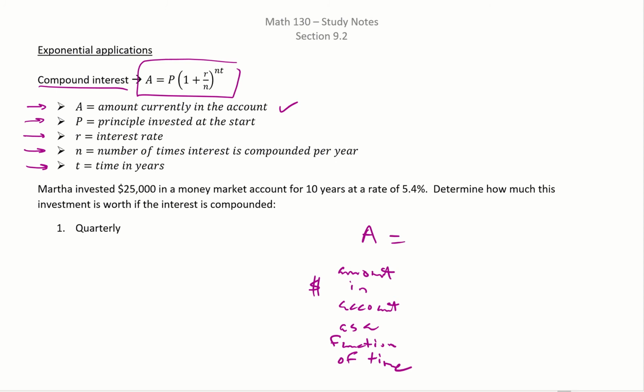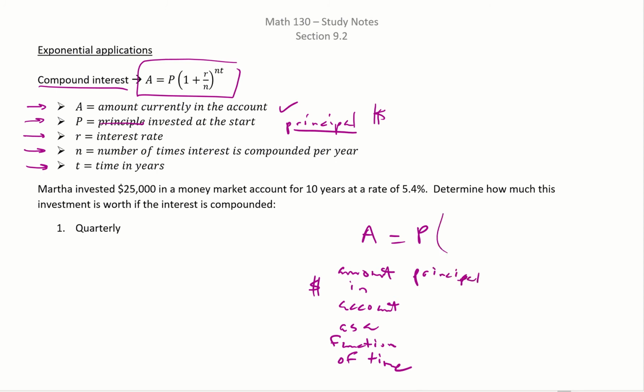Well, it's equal to P. What's P? The principal. And I spelled that wrong, I think, right there. It's principal, as in your buddy, the principal at school. That's money, okay? That's the principal, that's money invested.